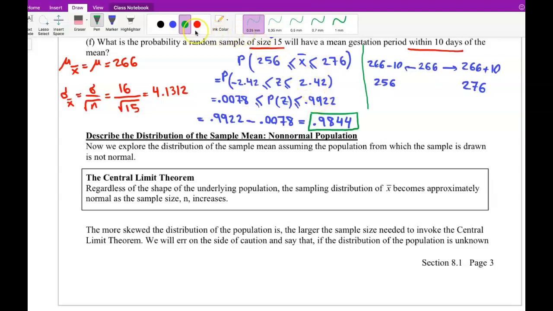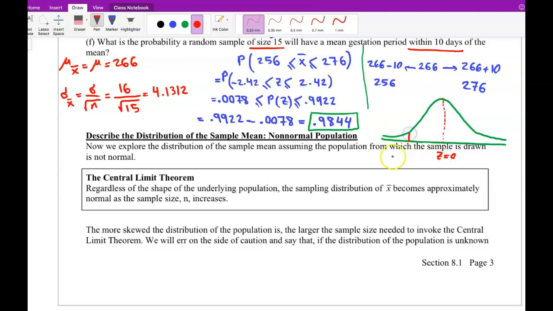So I'm going to draw what that is. Once again, on that part we have z equal to 0.